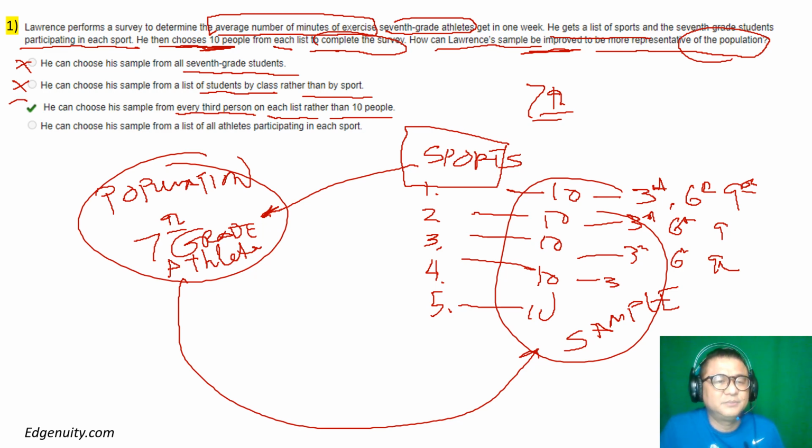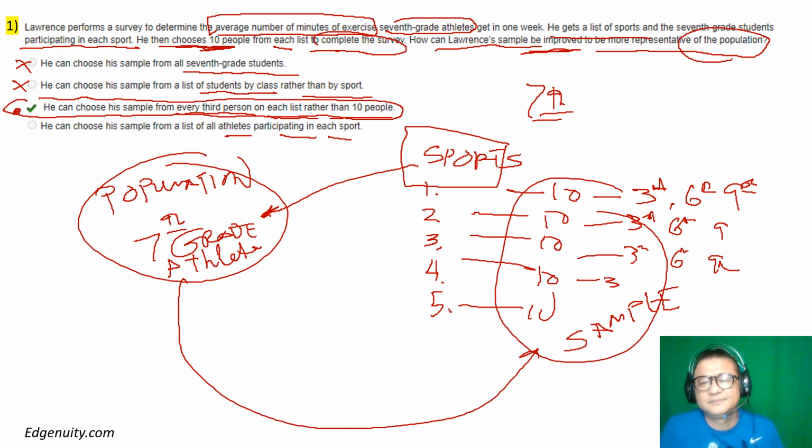I think this makes sense because it's random. He can choose his sample from a list of athletes participating in each sport. Yeah, he did that already. So this is the only one that can improve it.